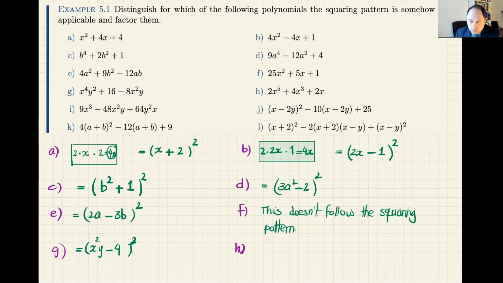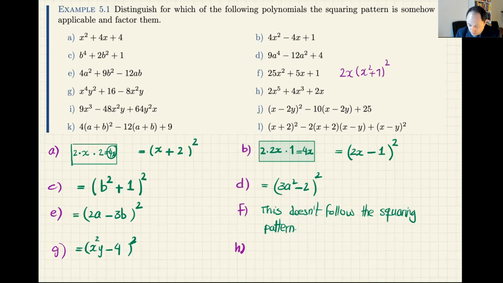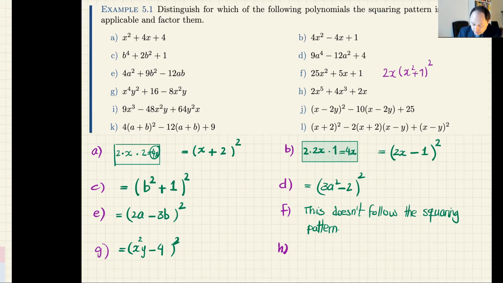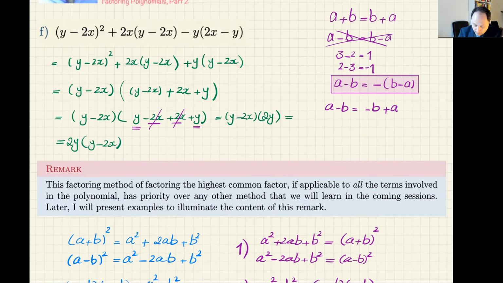Yes, for H, the answer was 2x times in bracket x squared plus 1, and that bracket is squared. So basically, I pulled out the 2x, and then you can use the squaring pattern. Yeah, exactly. That is the point. So thank you very much. Oh, so that was the point. And then you understand this remark now better.